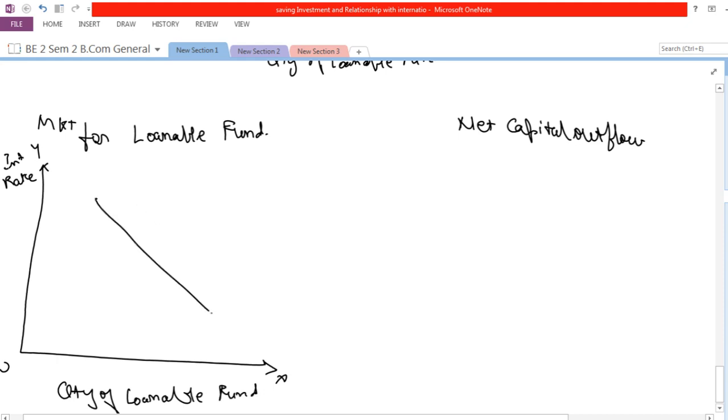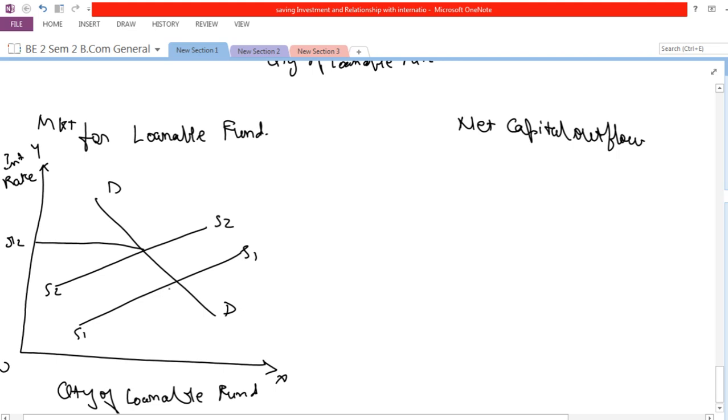This is the demand curve, the DD curve, and the S1 curve and the S2 curve, which determine the rate of interest at R1 in the S1 case and R2 in the S2 case. When the supply of funds reduces because of the government deficit, it pushes the rate of interest upwards from R1 to R2.